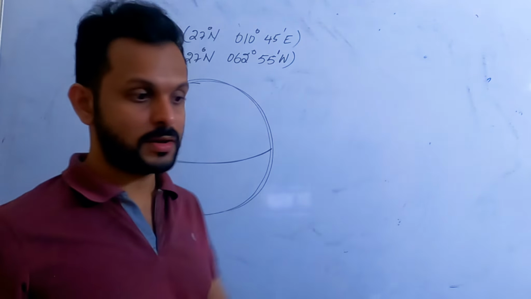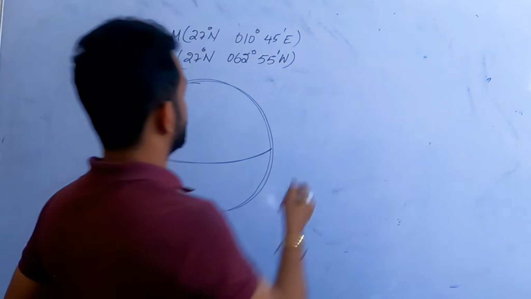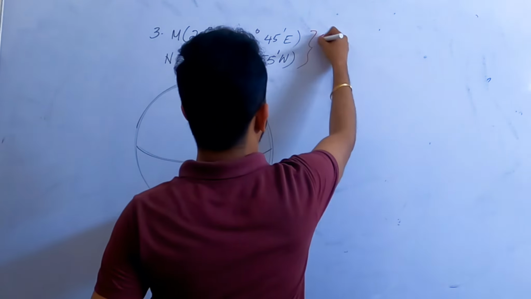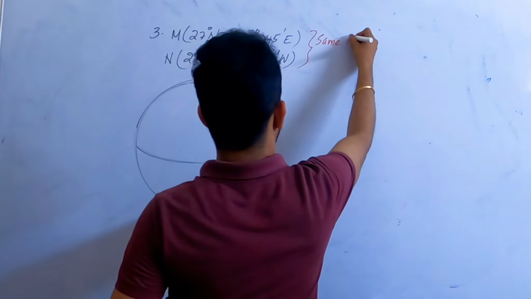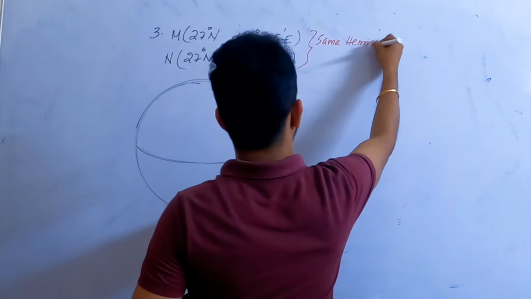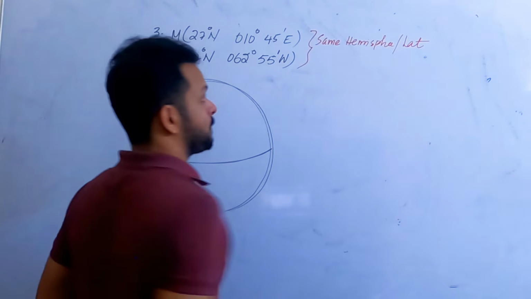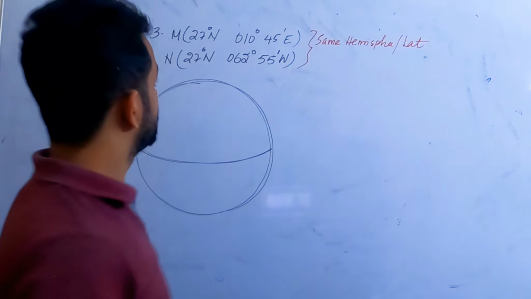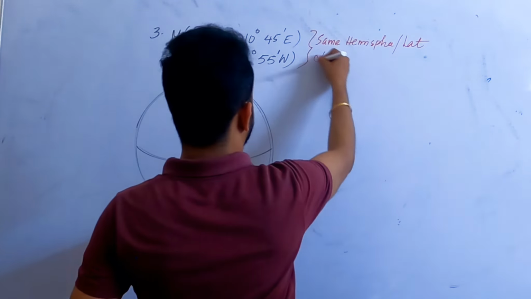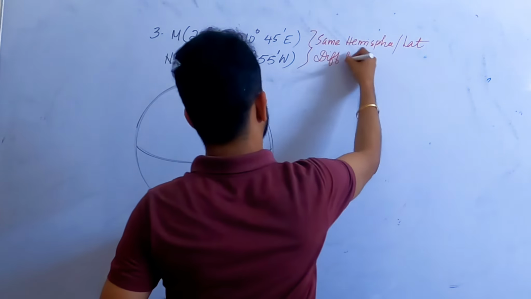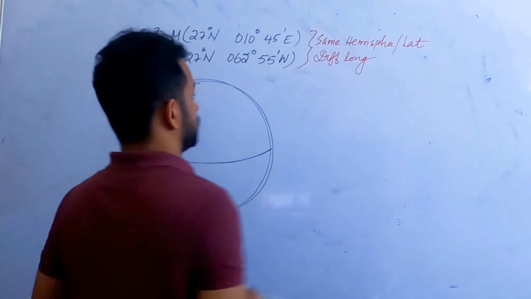Understand how the points are here? It's the same hemisphere, and also the same parallel of latitude, but different longitudes.